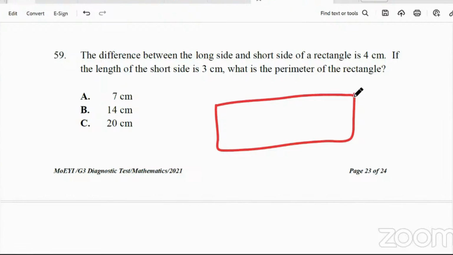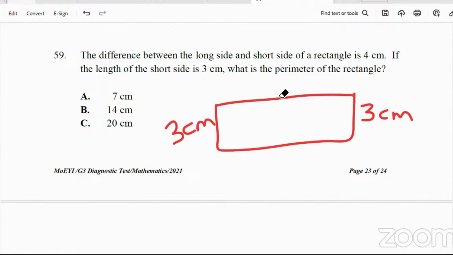Okay. So we have the short side is 3 centimeters. What's the long side? They say the difference between, so if we subtract 3 centimeters from the length of the longer side, we would end up with 4 centimeters.